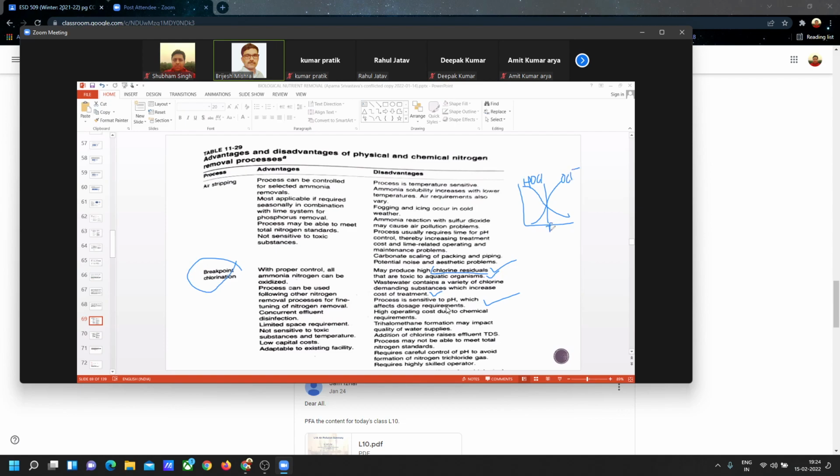Now you know. Is it memorized or not? Yes, sir. That's why the process is sensitive to pH, because we know that HOCl remains in certain pH ranges. That's why the process is sensitive to pH, which affects dosage requirement.